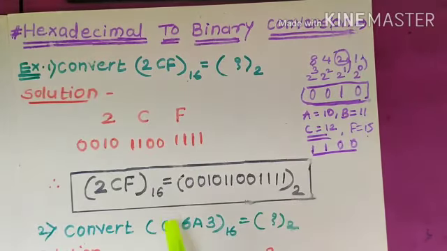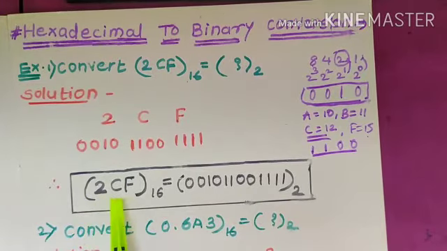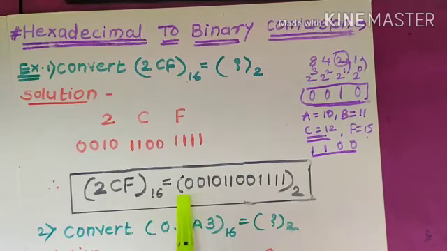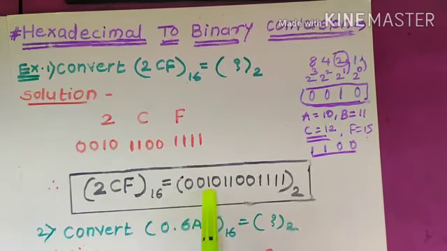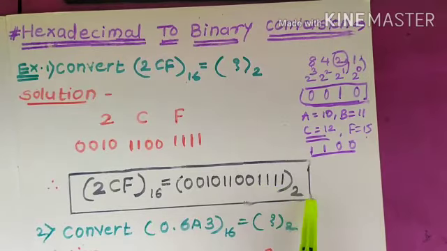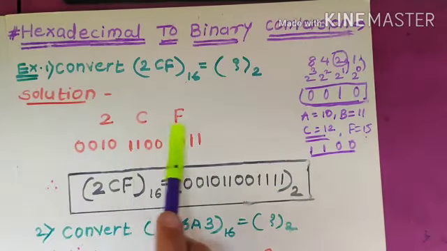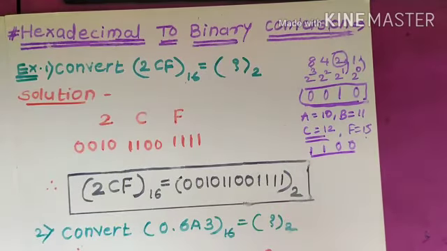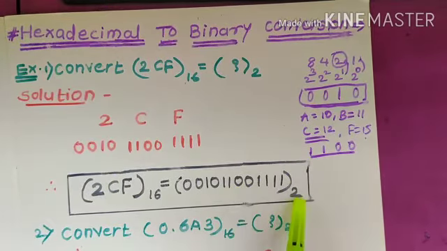The final answer for 2CF hexadecimal is 001011001111. In this way, this is the binary. Writing all these digits collectively, this represents the equivalent binary of the given 2CF hexadecimal. Is that clear, students?